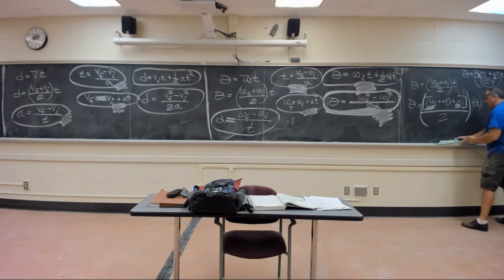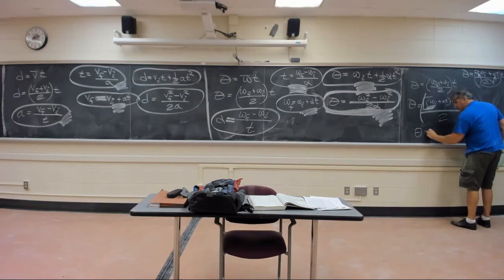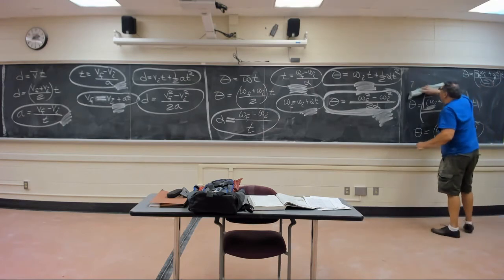Yeah, it does. 2 goes here. 2 omega i divided by 2 is omega i. You guys saw where this was going about 5 minutes ago. Let me just erase this.